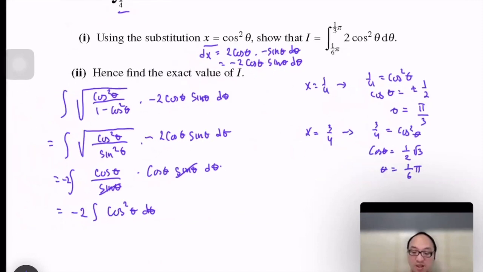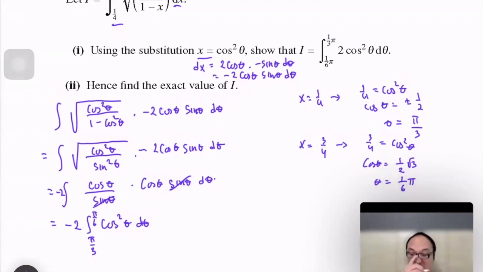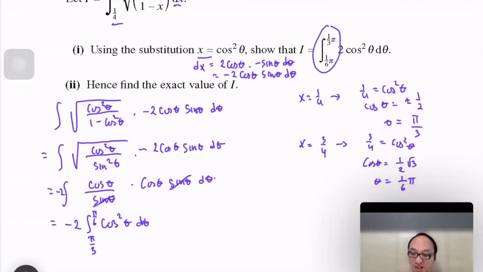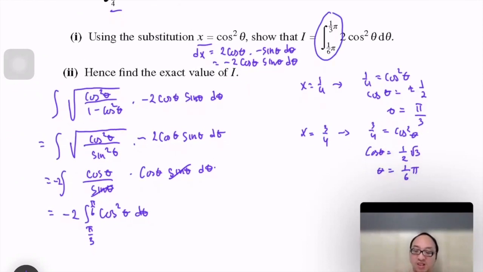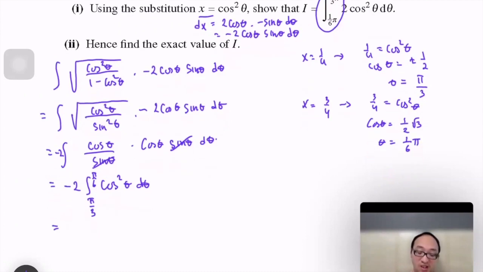Now, that means the border is from pi over 3 until pi over 6. But in here, it's the other way around, so we have to switch it. Now, when we switch the border, it becomes negative.